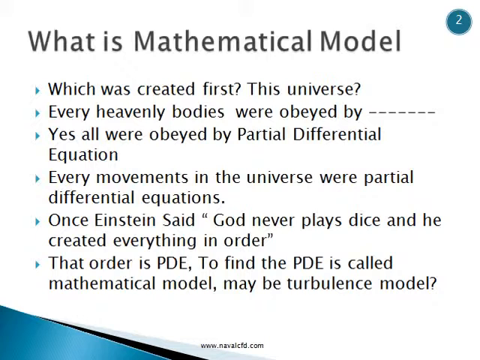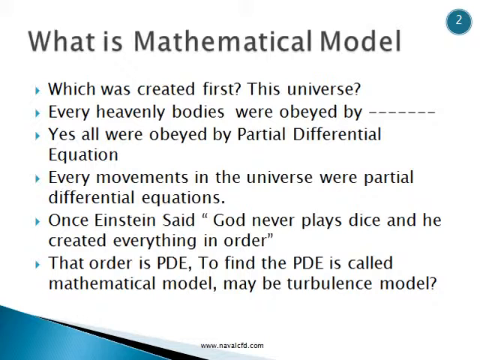So what I am trying to say here is that everything in this world is obeying some rules and regulations. So everything is moving in some particular order. That's why the great scientist Einstein once said, God never plays dice. It is not completely random. It is going through some equations. So the order or the movement is some partial differential equation or PDE.